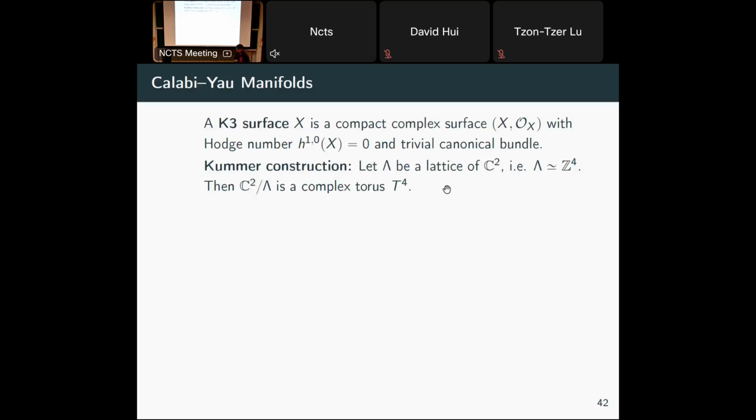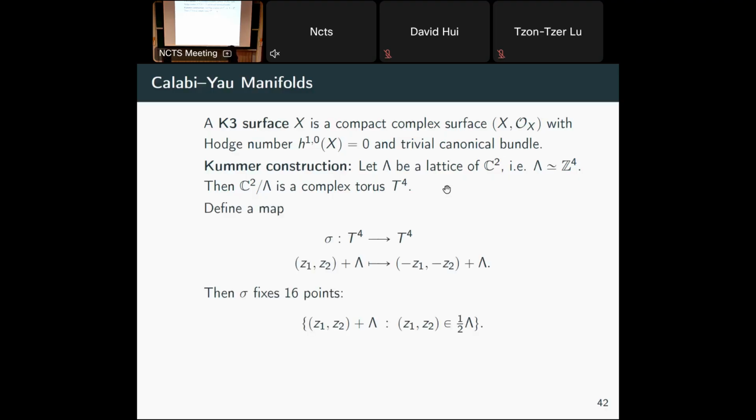I want to construct a K3 surface, what's called the Kummer construction. Basically you consider a lattice in C2, and then you quotient C2 by that lattice, and you get a complex torus. Now you consider the antipodal map, (z1, z2) goes to (-z1, -z2). This map has exactly 16 fixed points, you can clearly see.